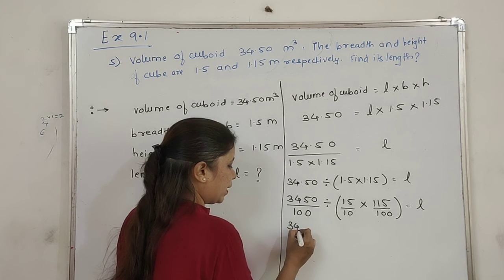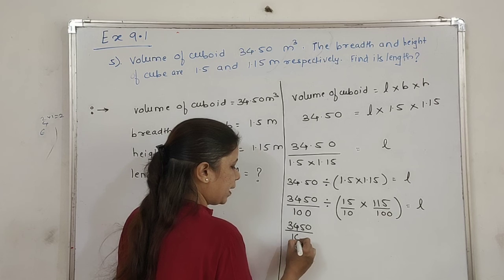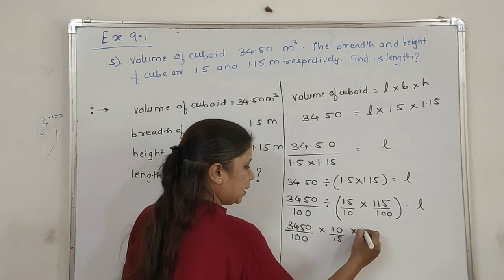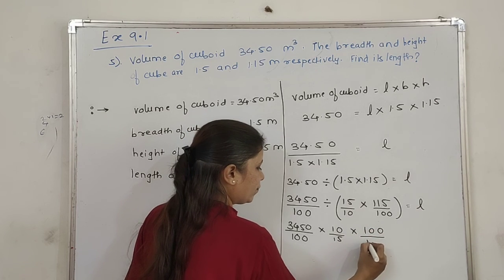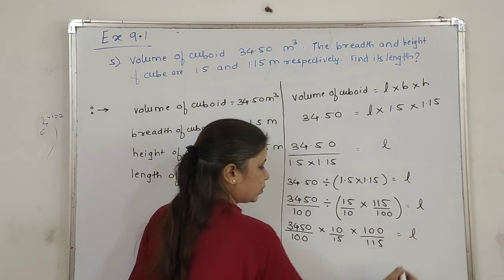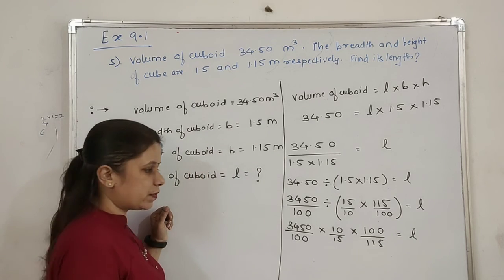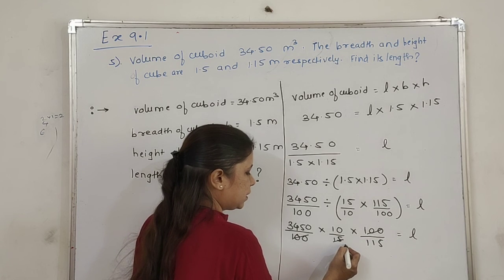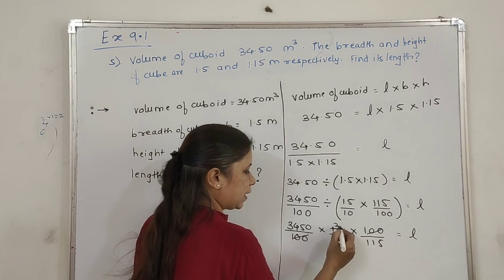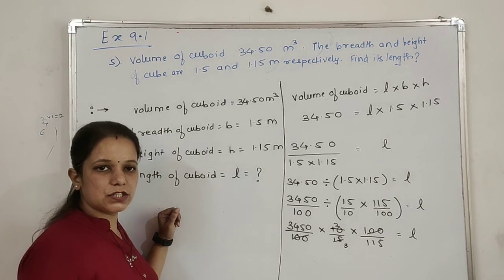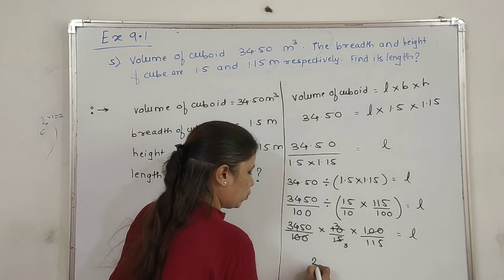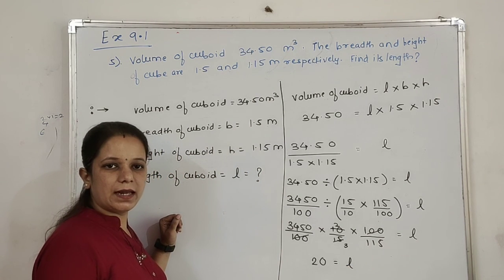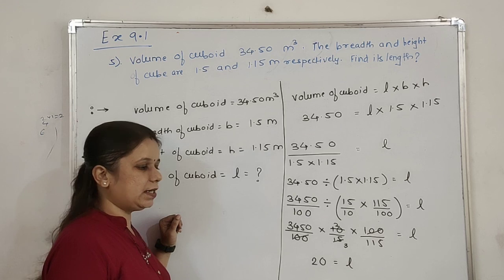So 3450 divided by 100 into 10 upon 15 into 100 upon 115 is equal to L. Now the calculation is very simple. 100 will get cancelled with this. 5 3s are 15, 5 2s are 10, and when you perform this calculation, you will get 20 is equal to L. You will get the value of L as 20.